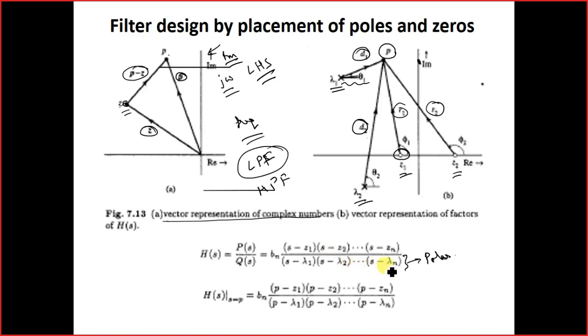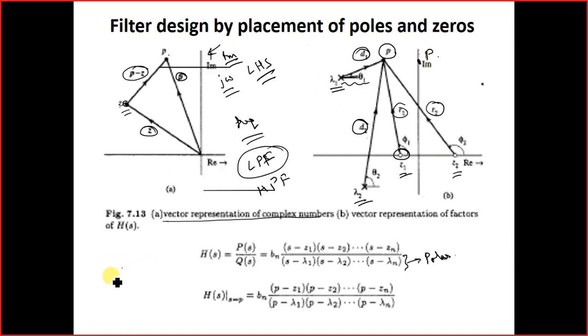So what will happen? If I calculate this D1 and D2 or R1 or R2 on this point, what happens here? We have to calculate the distance of the poles and the zeros to a particular point P. So distance from lambda 1 to P is D1.